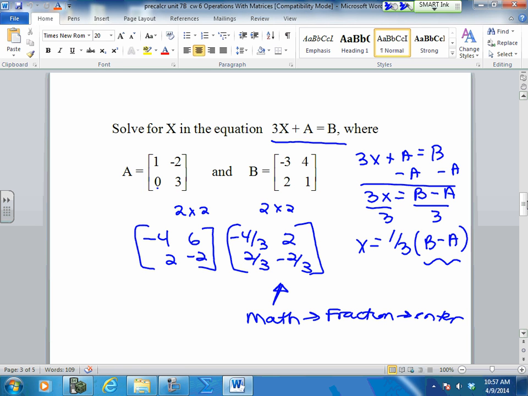Just do math fraction, and it'll bring back your fractions. Try it. Yep. Good, math fraction.